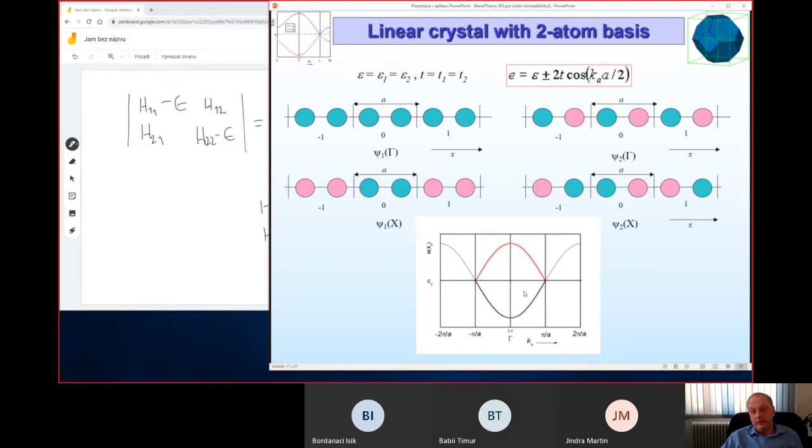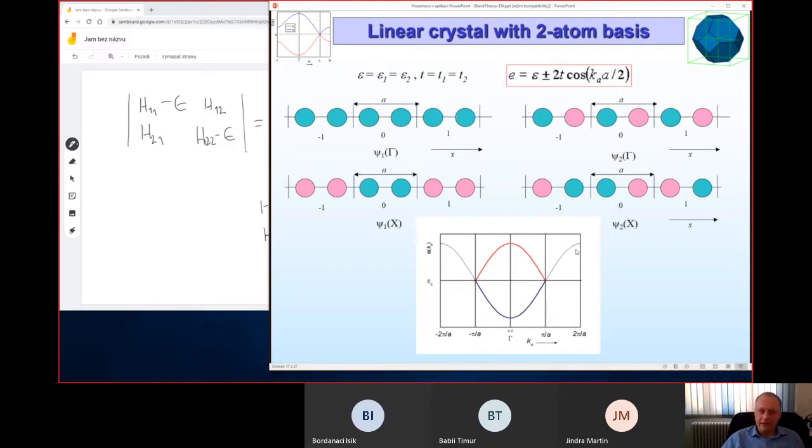And this means, in fact, that because the unit cell was doubled, the first Brillouin zone is decreased by a factor of 2.